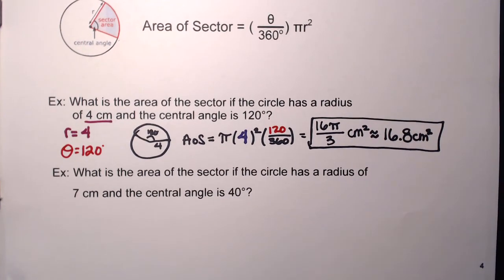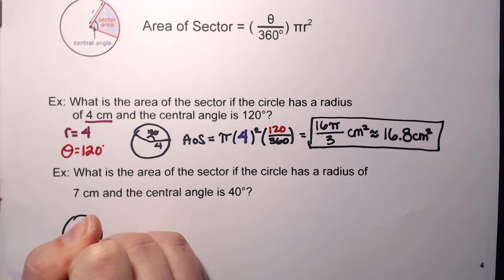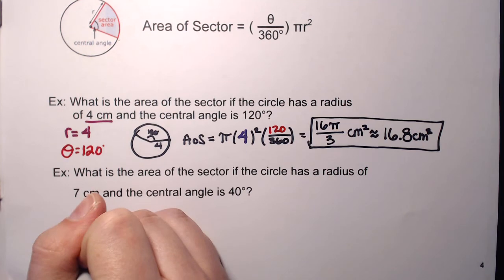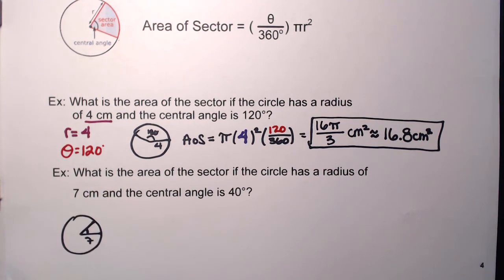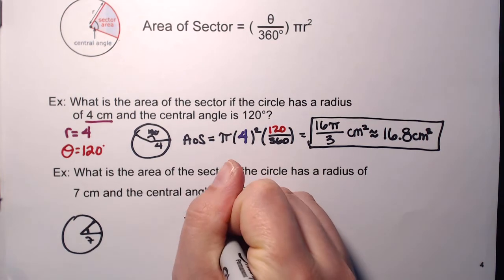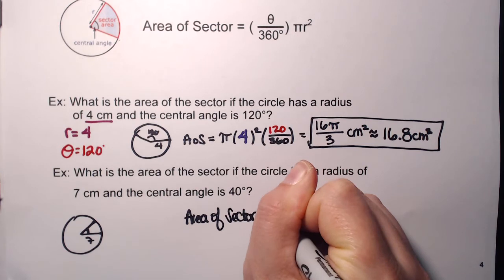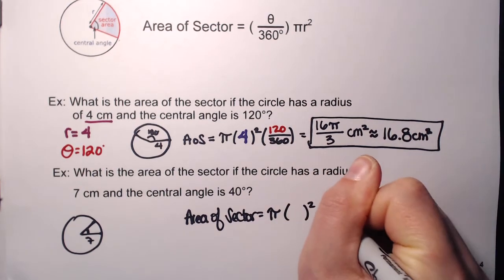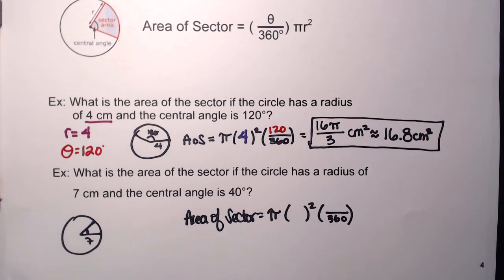Now, what is the area of the sector if the circle has a radius of 7 centimeters and a central angle of 40 degrees? So now it's a smaller piece. Well, the area is pi r squared times the angle divided by 360.